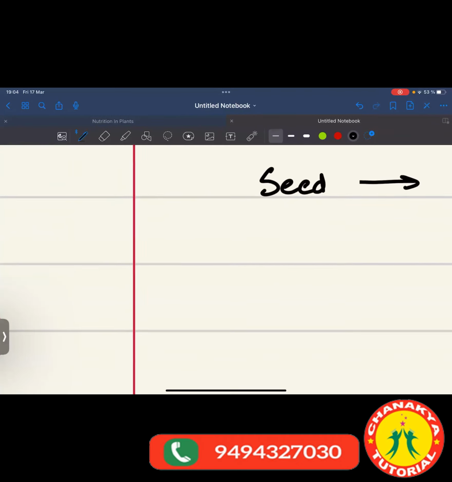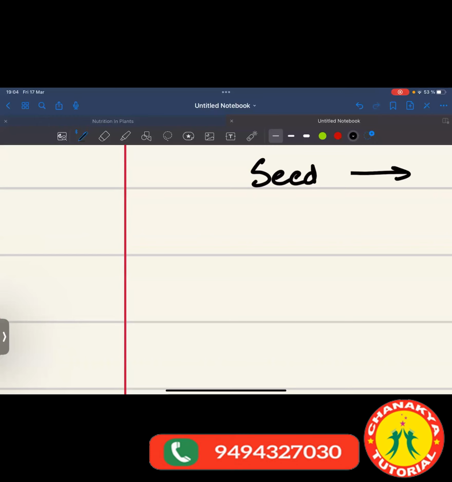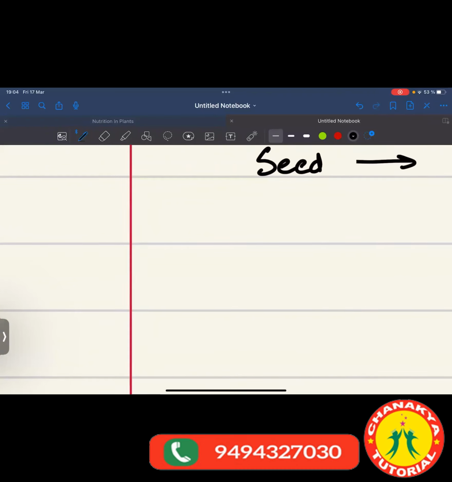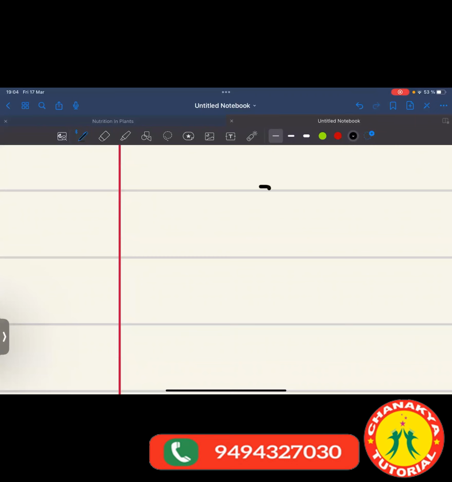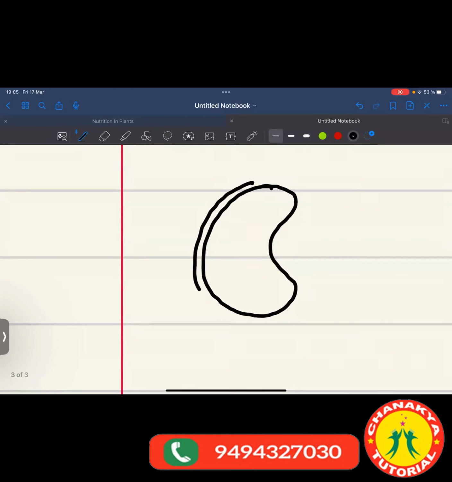So now let's look at the parts of a seed, like how a seed looks. Okay. Firstly, a seed looks like a little kidney. This is how a seed looks. Okay. And you have a layer for the seed.